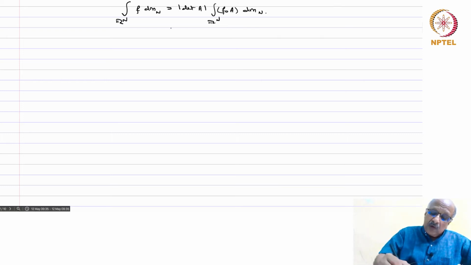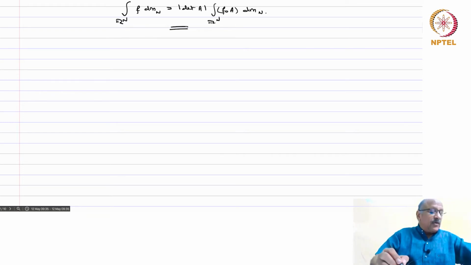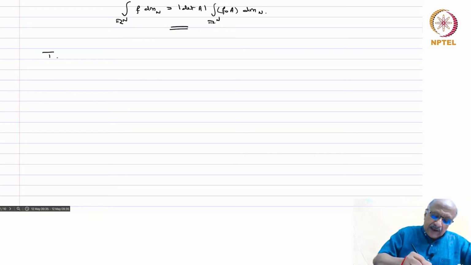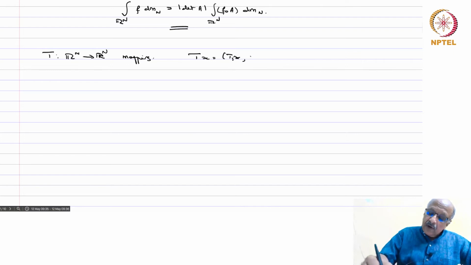So we want to generalize this to arbitrary transformations. So let us take T from Rn to Rn a mapping, so T(x) will be equal to (T1(x), T2(x), ..., Tn(x)).